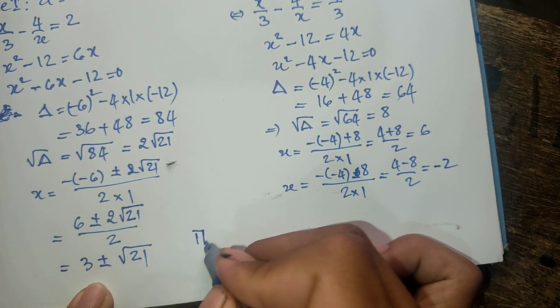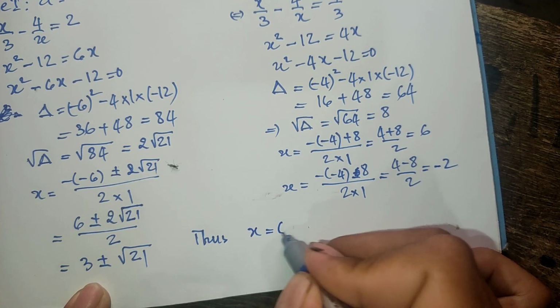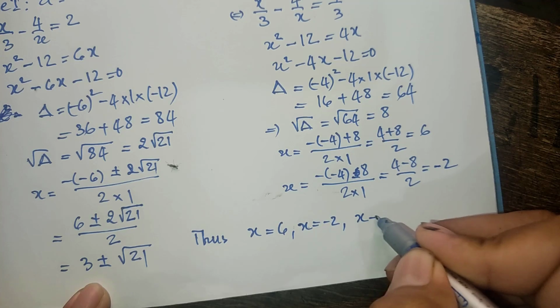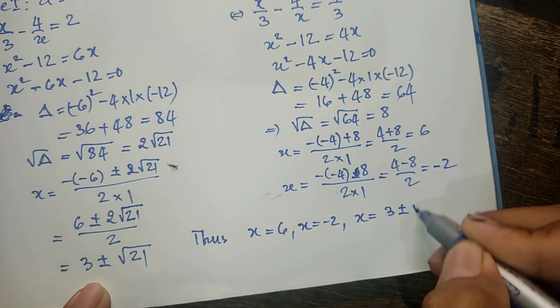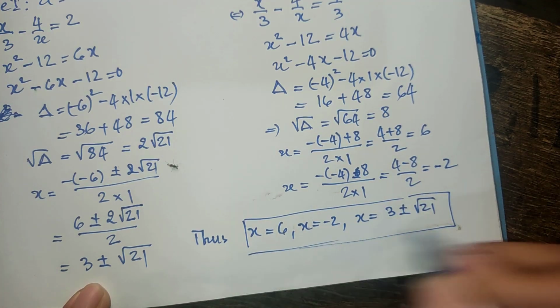So the values of x are 6, minus 2, and 3 plus or minus square root of 21. That is our answer.